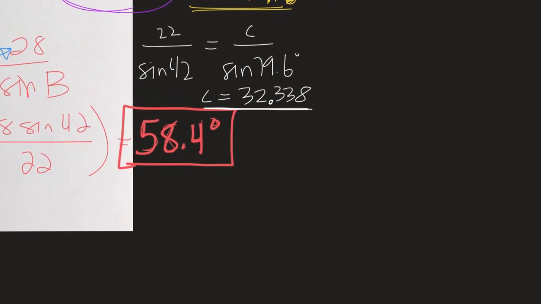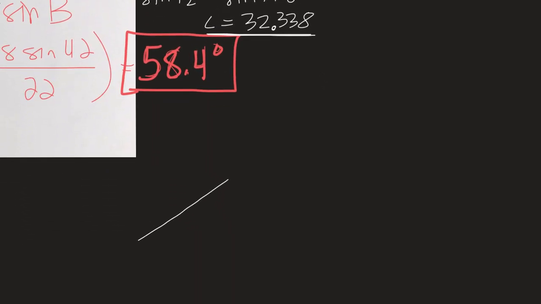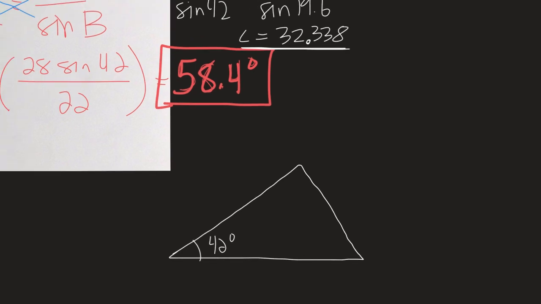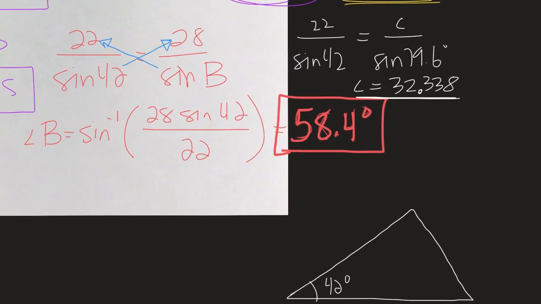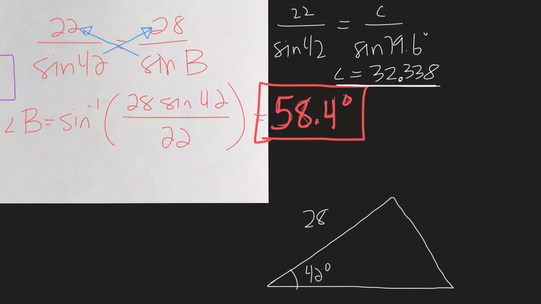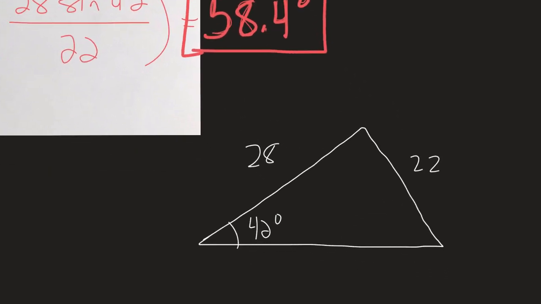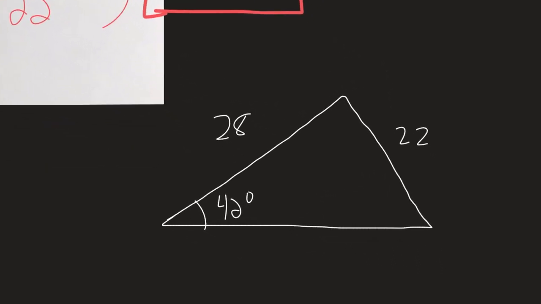Okay? So here's what happens. We have an acute triangle as our original triangle, where this is 42 degrees, this side is 28 and this is 22. If I were to keep this as a 22 length, it would swing over here like this.